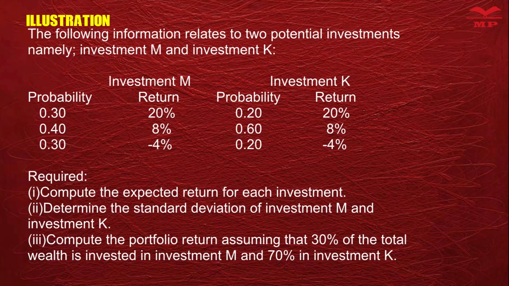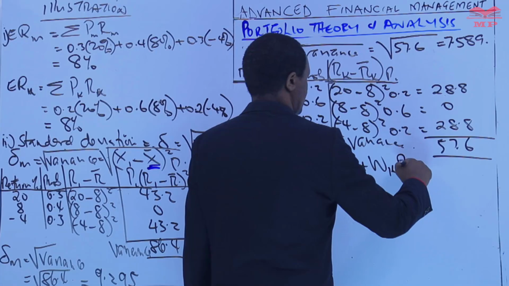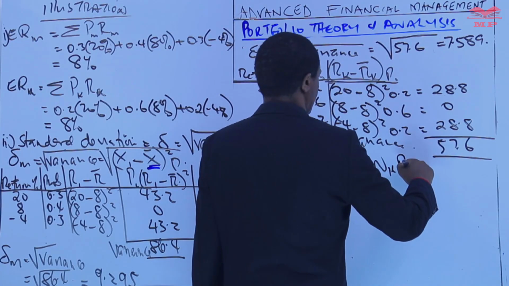The expected return of a portfolio is equal to the weight of M times the return of M plus the weight of K times the expected return of K.